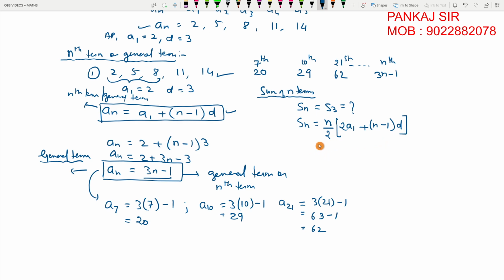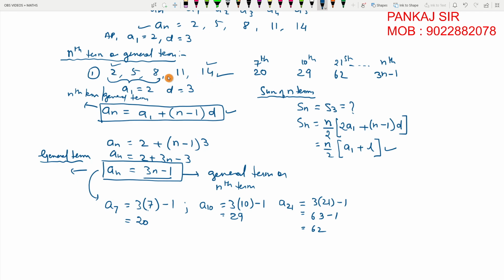And there's one more formula for Sn. I'll give you for your reference. It is n upon 2 times the bracket a1 plus l. Now you may wonder what is this l. This particular formula is used for finite sequences like this. In a finite sequence, you will be given the first term, like here it is 2, as well as the last term, in this case it is 14.